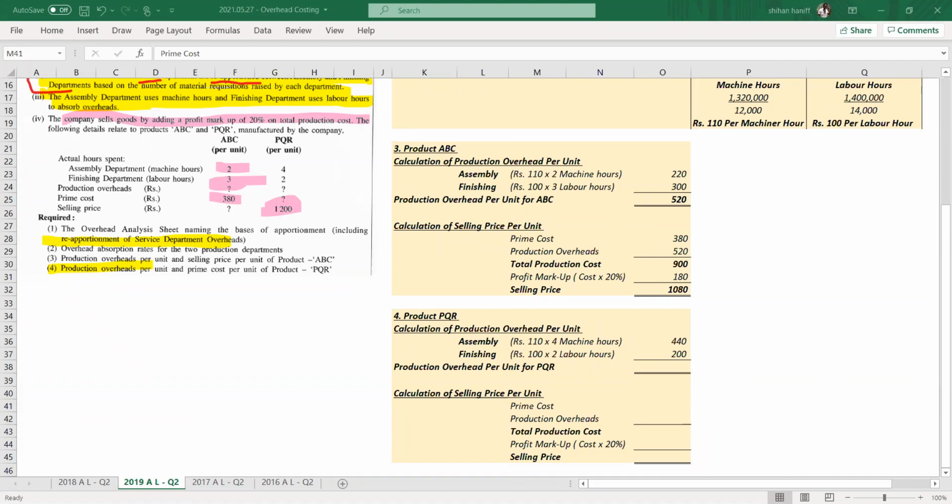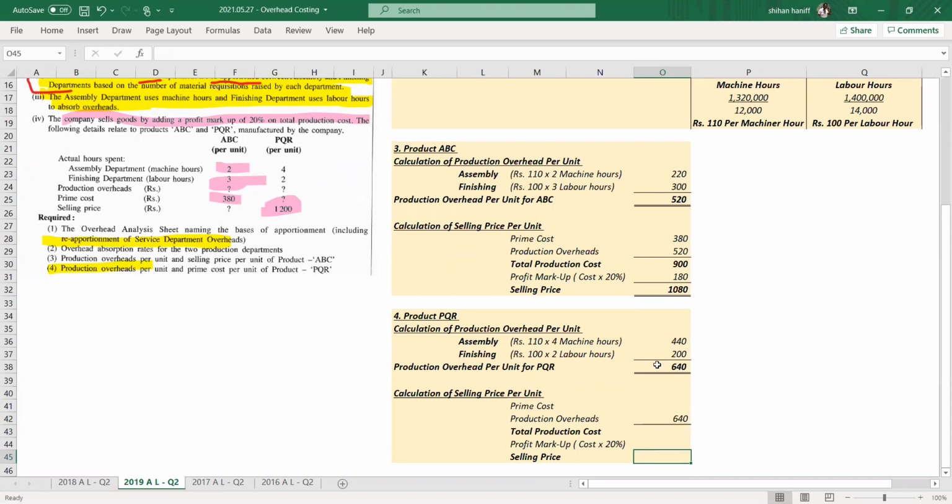What is the prime cost? Here we need to use the markup margin concept. Prime cost. Total overhead is 600.